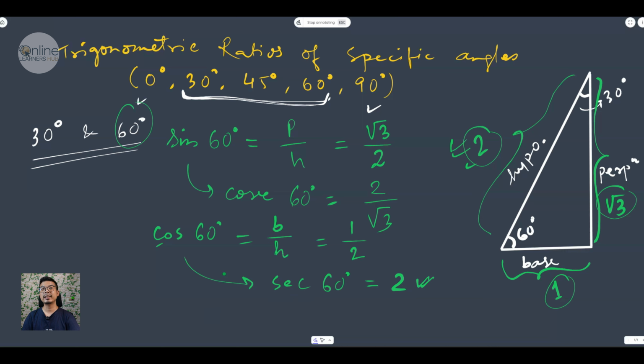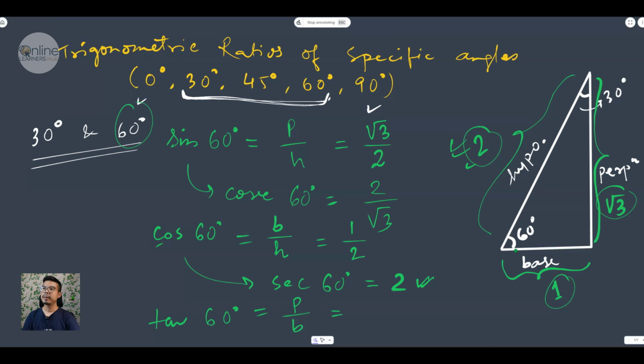Now the last one is tan. Tan 60. So what is tan 60? Remember that sentence again. Some people have curly black hairs turn permanently brown. Turn, T stands for tan. Turn permanently brown, P by B, perpendicular upon base.